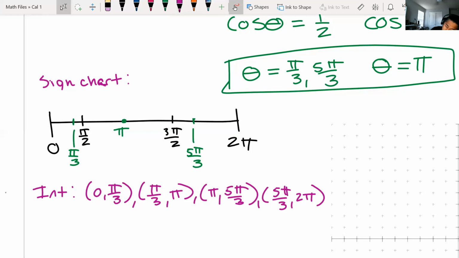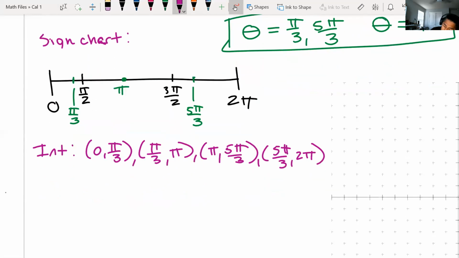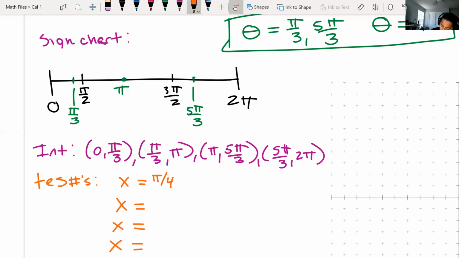Okay, next is test numbers. Four intervals, 4 test numbers. So 0 to pi over 3. How about pi over 4?